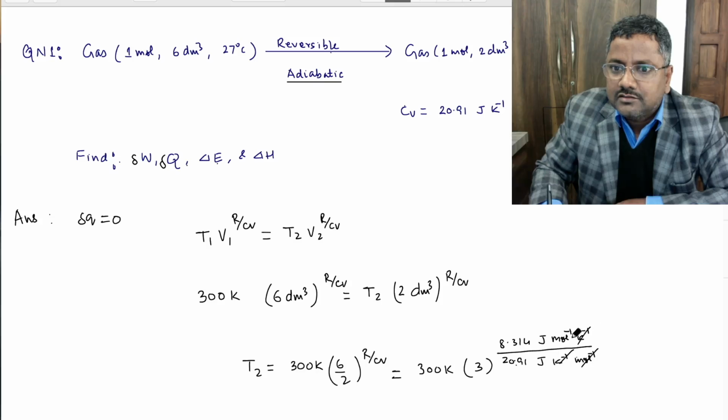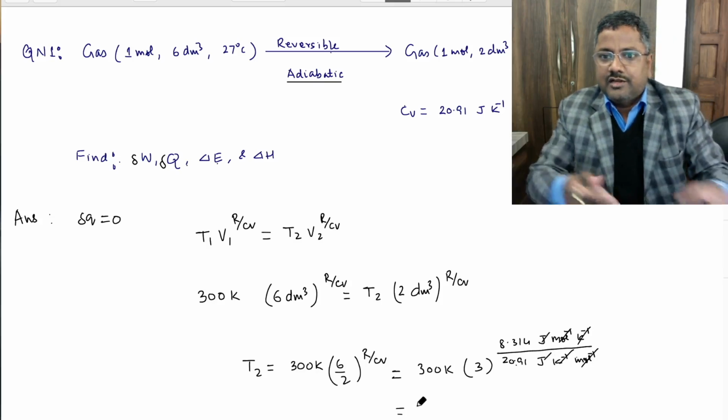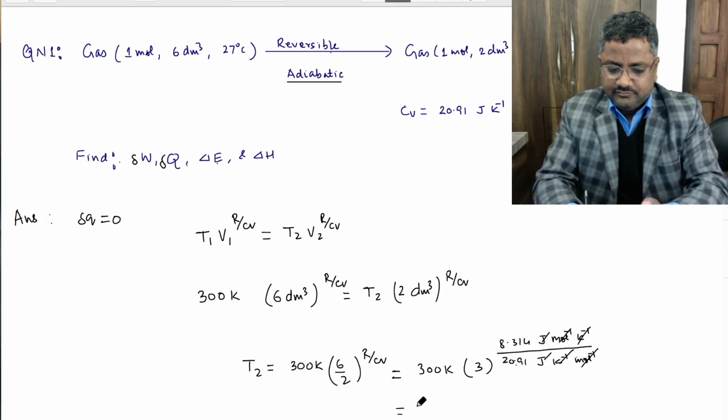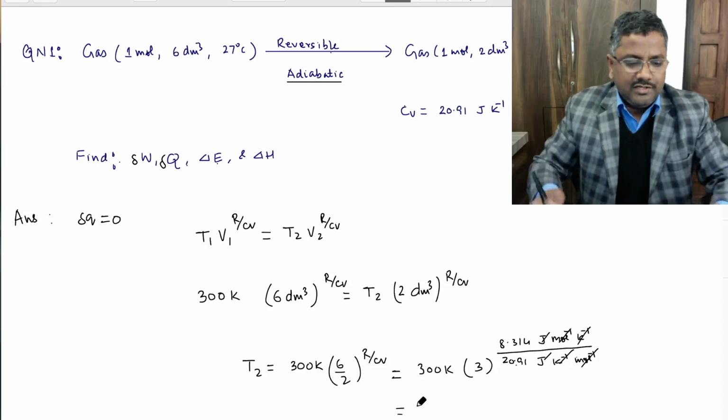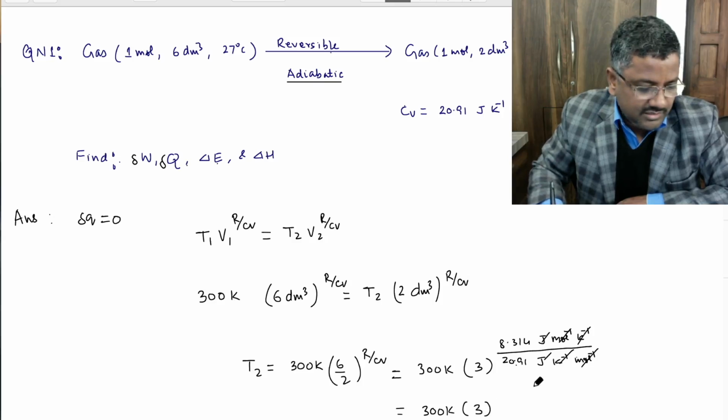So this is cancelled. So we can write 8.314 divided by 20.91, which is 0.397. So this is 300 Kelvin times 3 to the power 0.397.